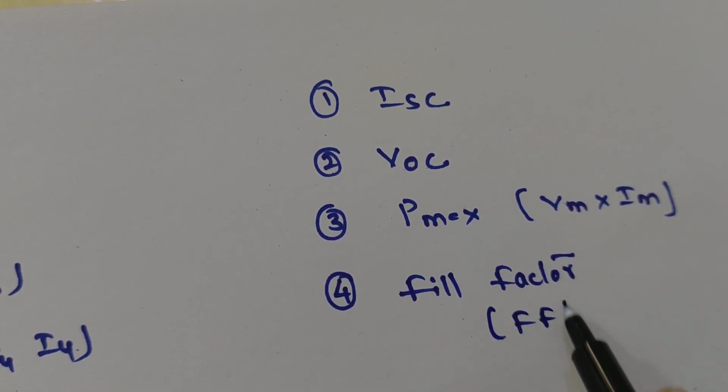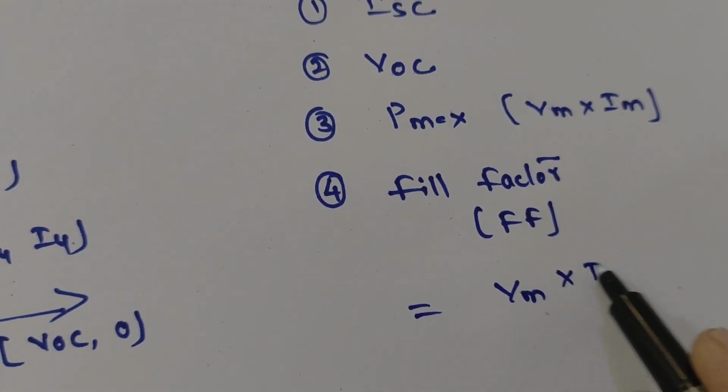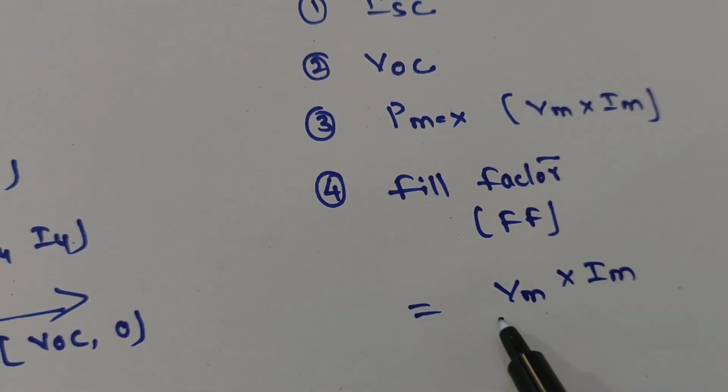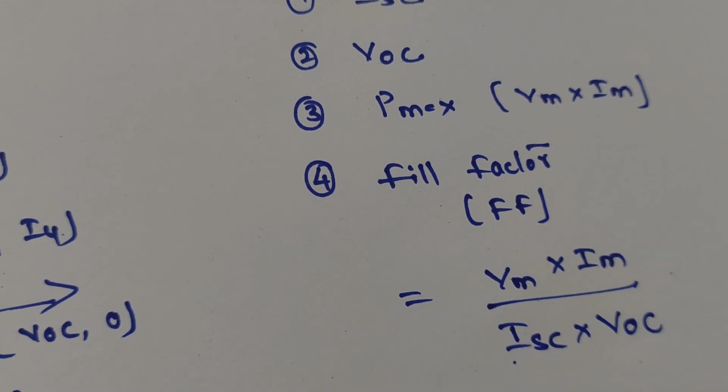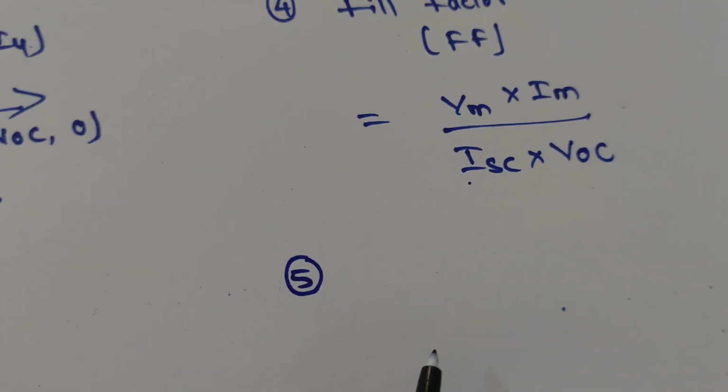This FF is the ratio between Vm into Im, that is the maximum power, and ISC into VOC, that is the short circuit current into the open circuit voltage. This represents the fill factor, and the most important parameter is efficiency.